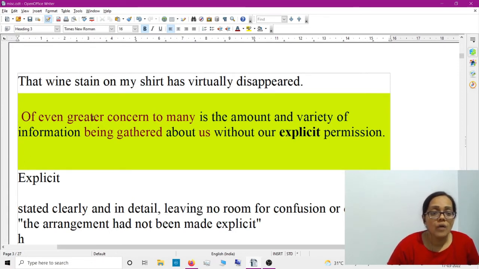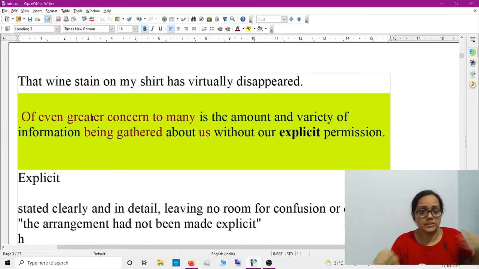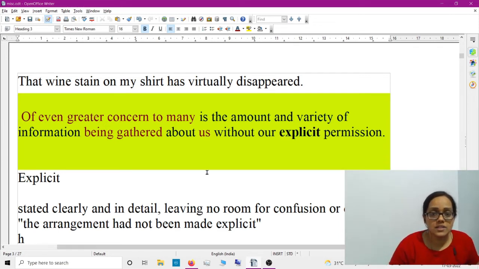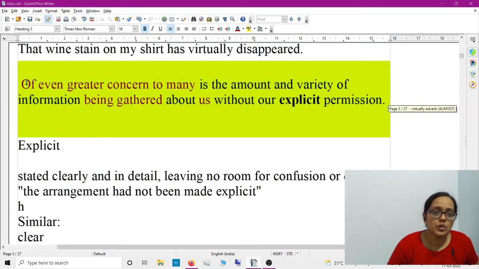Of even greater concern to many is the amount and variety of information being gathered about us without our explicit permission. So more than that, like that, you can use of even greater, more concern.